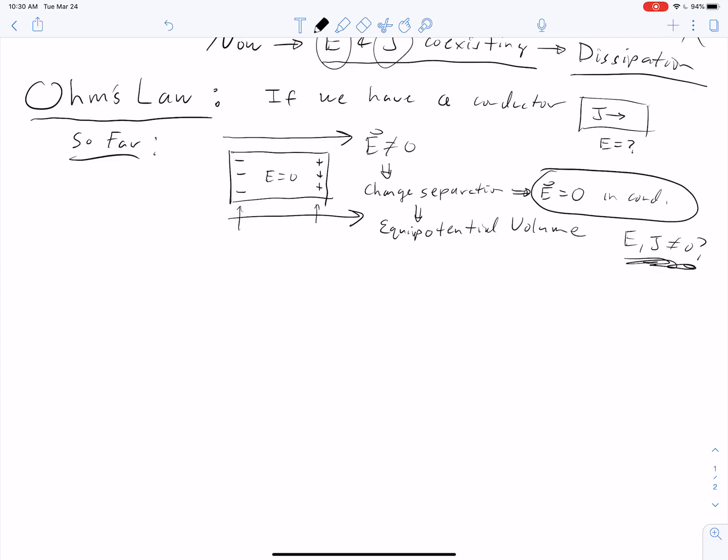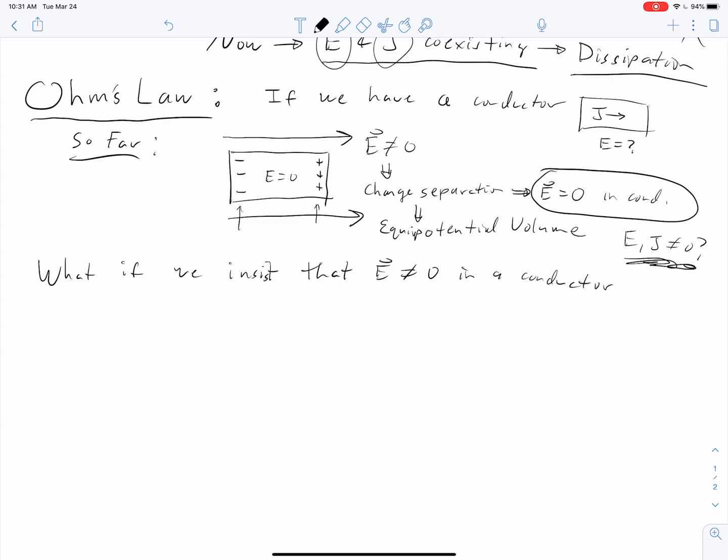But now we want to talk about a new situation: what happens if we insist that the electric field is not 0? What if we insist that E is not equal to 0 in a conductor?